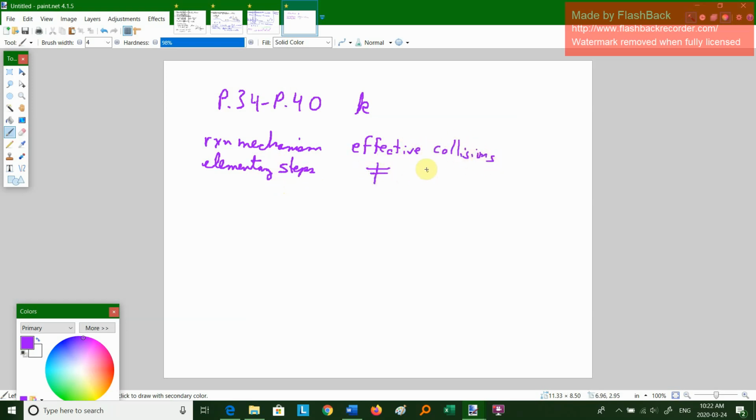Activated complex, activation energy, just the definition of a rate, change of something with respect to time, order of a reaction, heterogeneous versus homogeneous catalyst, catalyst versus intermediates. Sounds like a new movie in the Fast and Furious chain, doesn't it? Quantitative rate laws, all that good stuff. So lots of stuff, but I'm confident you can do it.